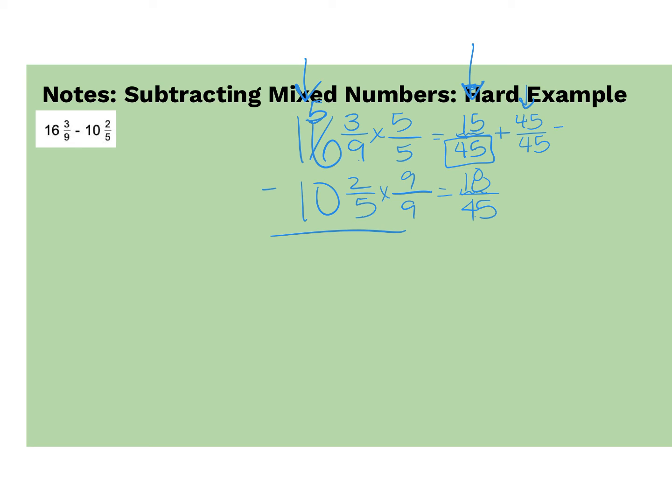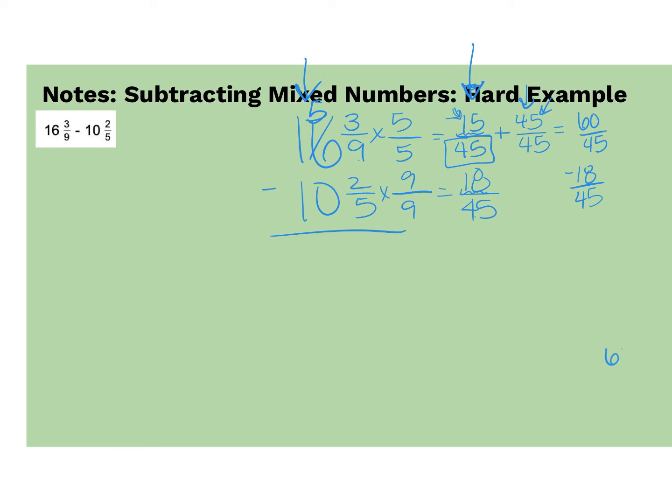Now I'm going to add the 15 45ths I already had to the 45 that I just borrowed from the 16. 15 plus 45 is 60. So now I have 60 45ths instead of just 15. Now I can subtract because 60 is bigger than 18. I can't do this in my head.